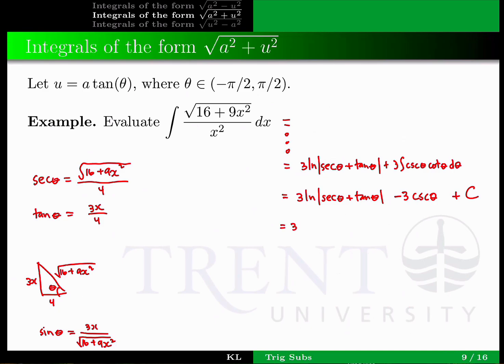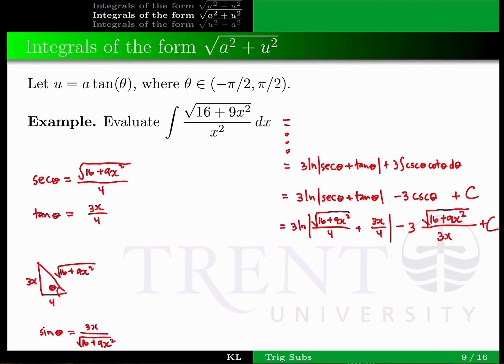Therefore, we will have 3 ln absolute value of the square root of 16 plus 9x squared, divided by 4, plus 3x over 4, minus 3. For the cosecant, we will have the square root of 16 plus 9x squared, divided by 3x.